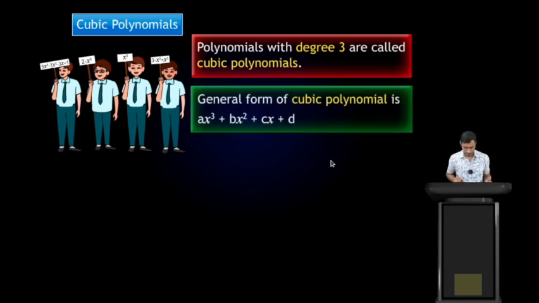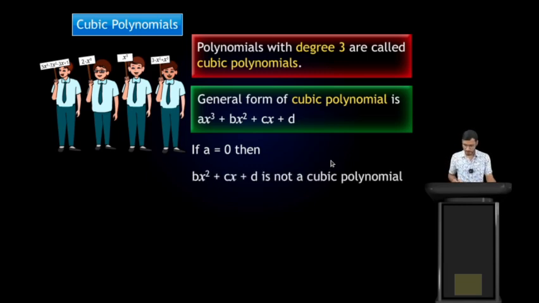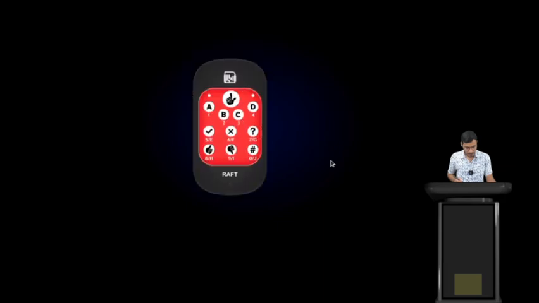The general form of a cubic polynomial is ax cube plus bx square plus cx plus d, and the condition is a does not equal 0. If a equals 0, then bx square plus cx plus d is not a cubic polynomial. So remember always the general form of a cubic polynomial, quadratic polynomial, or linear polynomial.